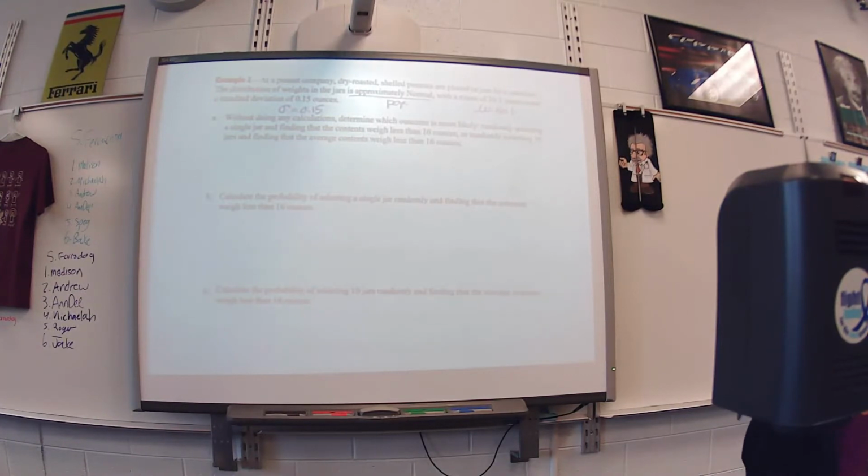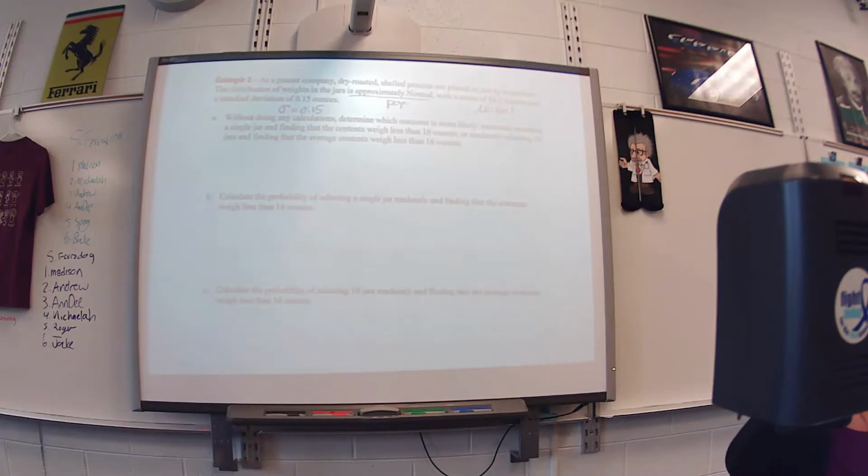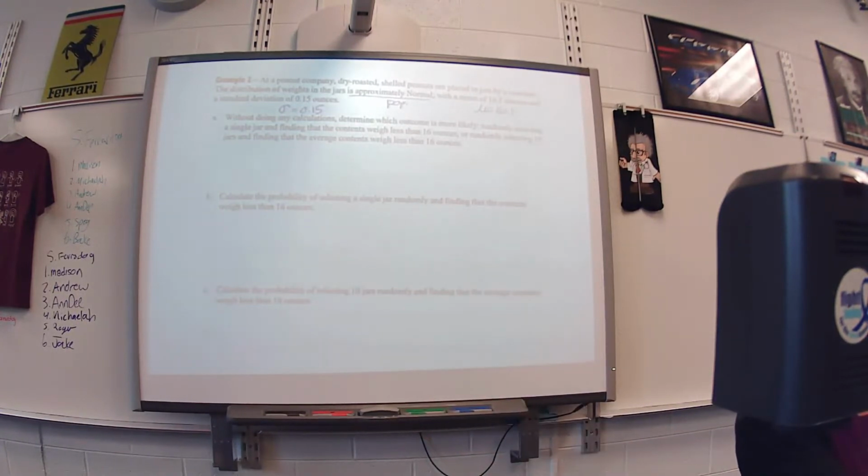Because it could come in way too high, way too low, dead on. It could come in all over the place. Call that an n size of 1. But now if we draw 10 jars, you understand now that if you get one jar that's overfull, there could be another one that's underfilled that will balance it out.